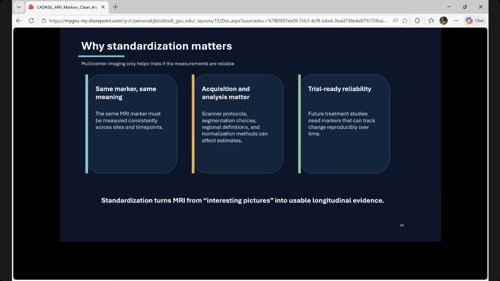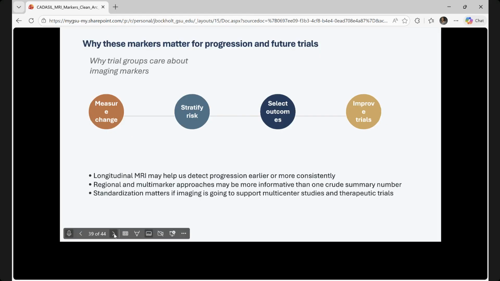We're trying to standardize how we collect the MRI biomarkers and how we analyze them, and we will be sharing how we did that with the larger community so that other research studies can adopt and follow our procedures, and then hopefully pool, share, and collectively analyze even larger data sets together to get ourselves ready for trials. So, next slide.